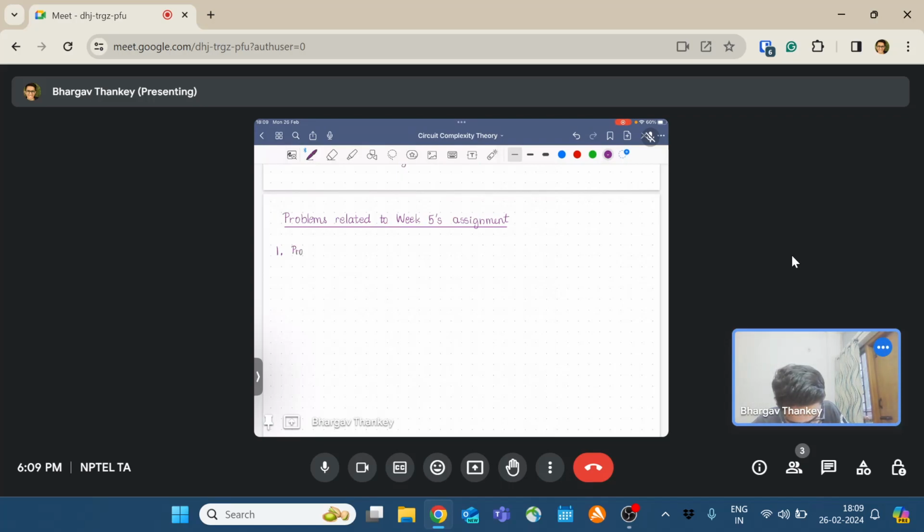Prove that NAND, NOR, and XNOR can be computed using threshold gates.